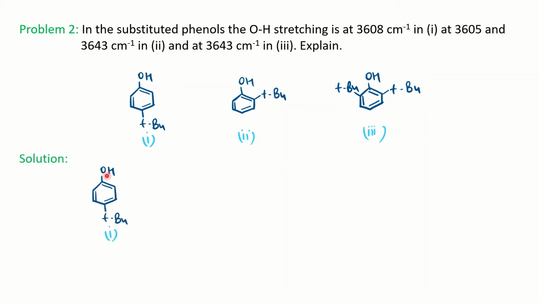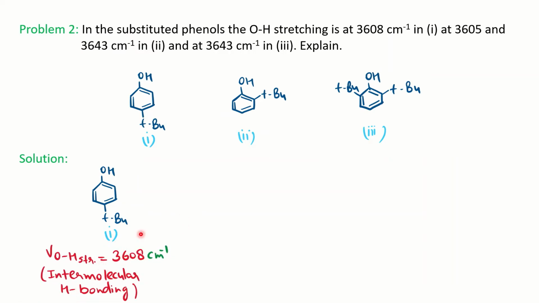So we'll see, in the first structure there is a possibility of intermolecular hydrogen bonding. So this particular peak at 3608 is because of the intermolecular hydrogen bonded OH stretching peak. Since two molecules can come closer and form intermolecular hydrogen bonding, you don't have any hindrance here. While in the second case you can see an ortho tertiary butyl group is substituted.